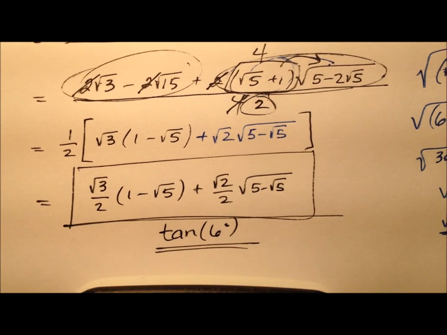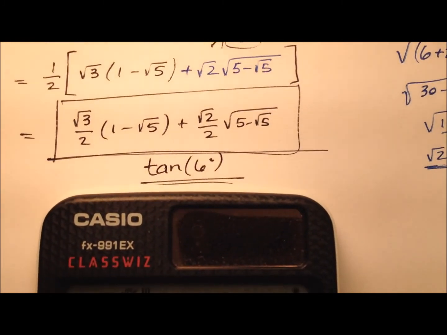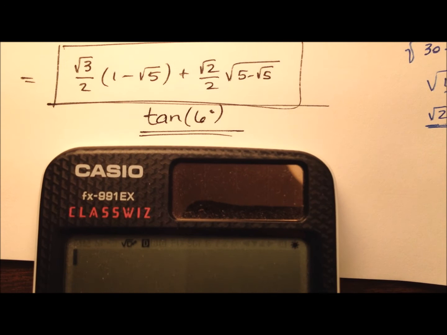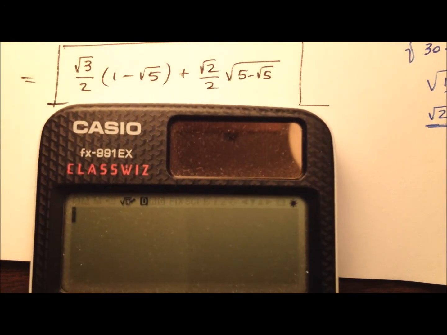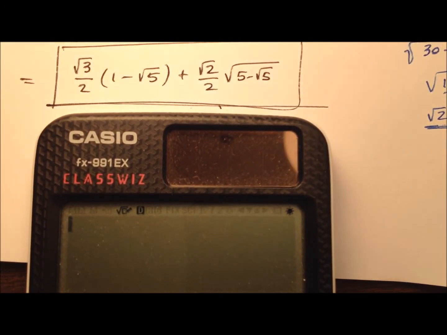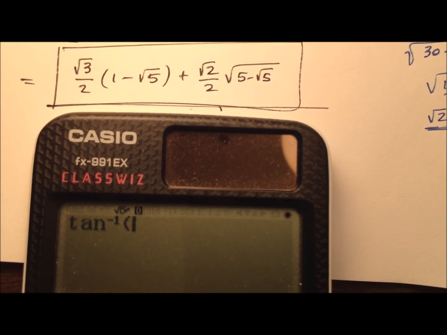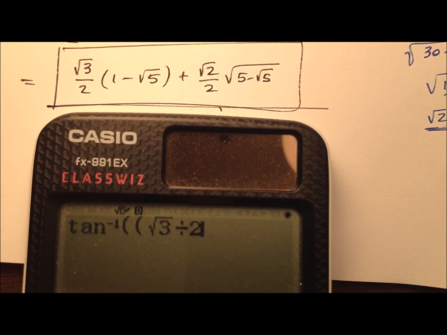Okay, have our calculator here. So let's go ahead and move this up a little bit so we can still see this. All right, so we're going to use, let's see, the inverse of tangent, and we're just going to put this expression in. So we're going to start out with this square root of 3 divided by 2, and that's being multiplied by 1 minus the square root of 5.